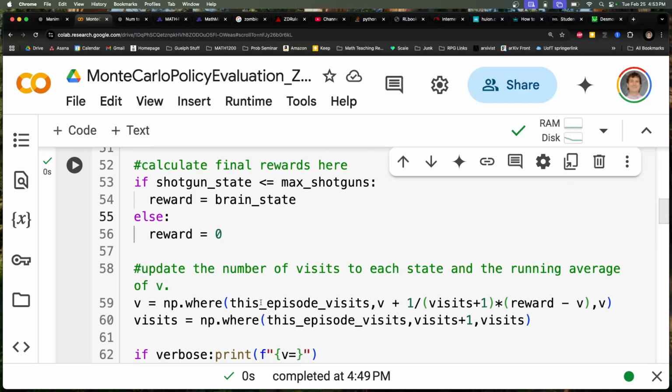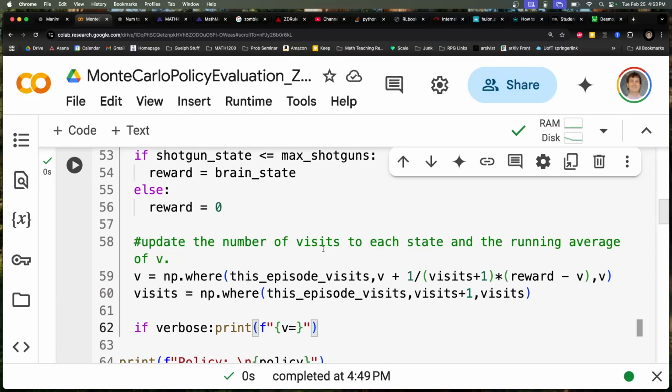Okay, and I guess here is the exciting part. This is the Monte Carlo stuff. So we update V. How do we update V? We update it like this. Let me write this one down on the board so we can see the math. This is the kind of formula we had earlier in the previous class.